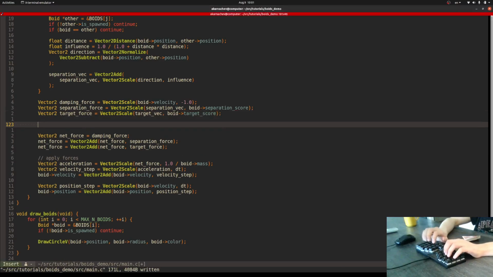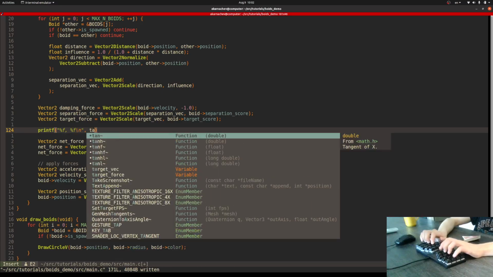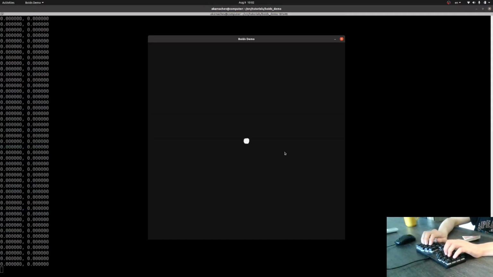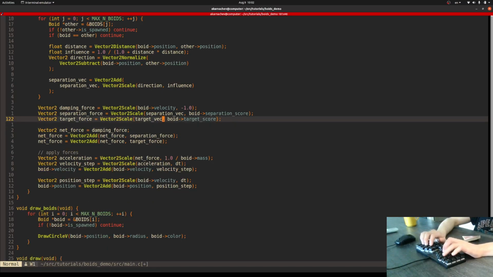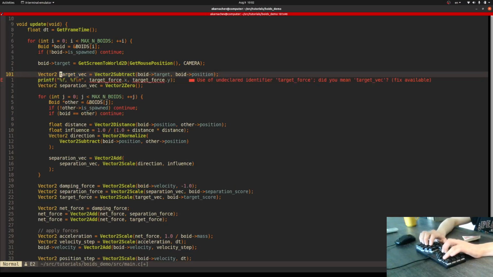Let me debug quickly. Printf. I want to print the components of the target force. Target force x, target force y. It's 0. It's 0. Target vec. Let's print target vec.